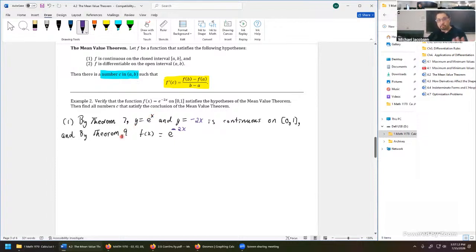And theorem 9 says when you compose functions together that are already continuous, they stay continuous. So this is also continuous on 0 to 1. So essentially, just like we did on the first example 1, we cite theorem number 7 and anything else that we need to cite from that section, 2.5.